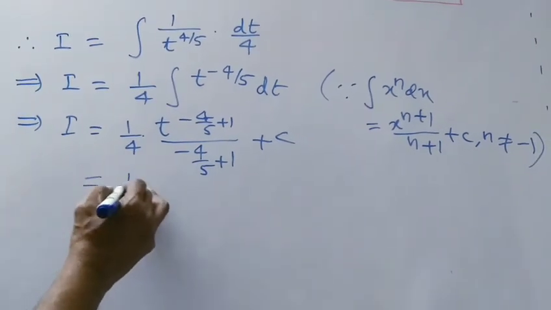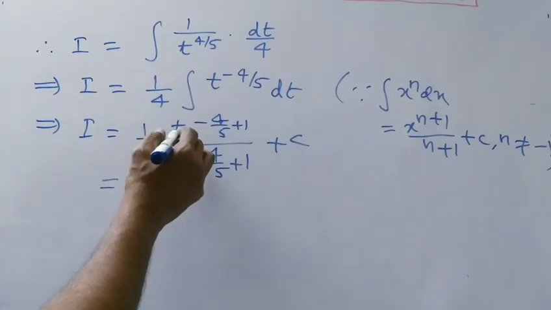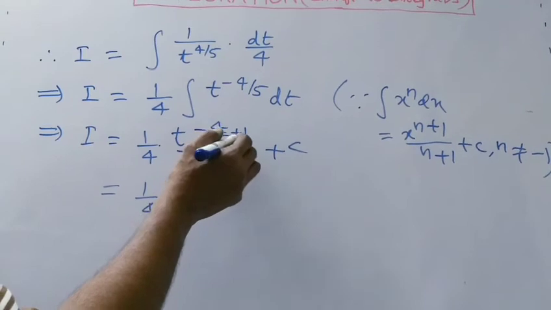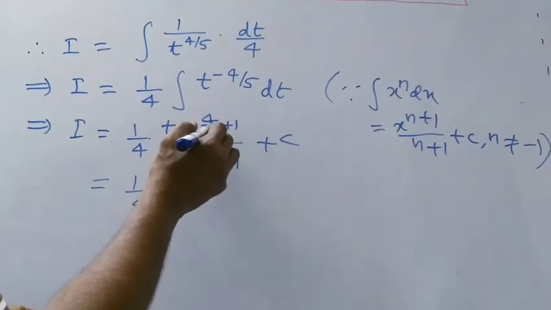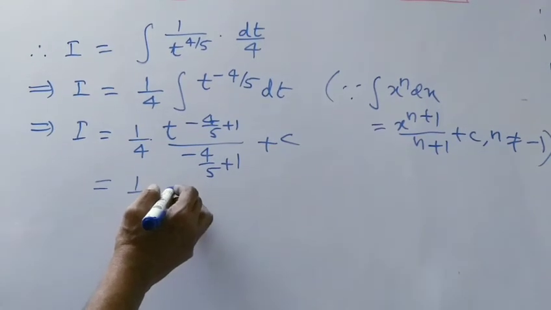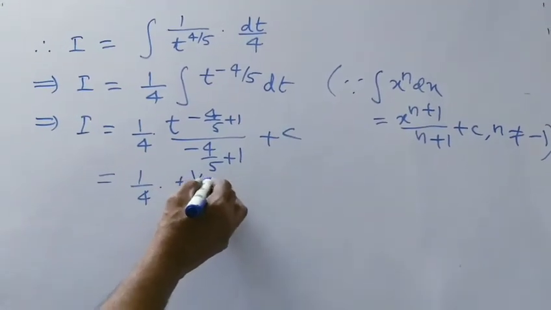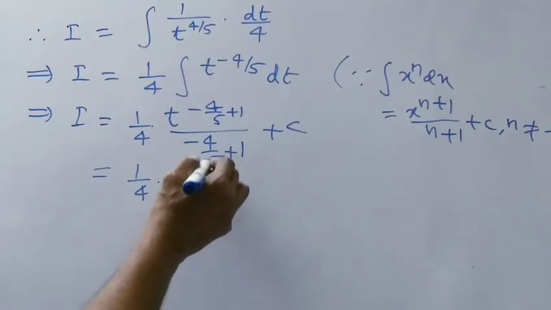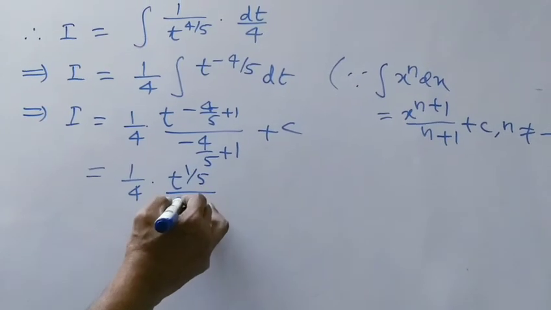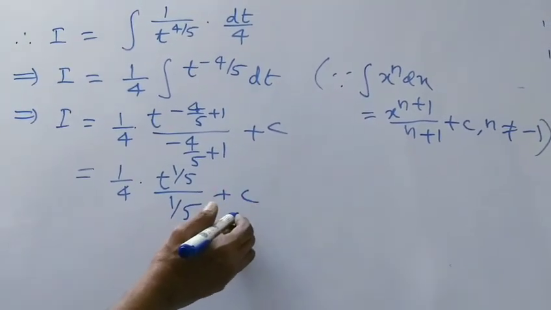This is equal to 1/4 into t to the power of minus 4/5 plus 1. After taking the LCM for these fractions, it becomes t to the power of 1/5 in the numerator, and in the denominator after simplification, it becomes 1/5, plus c.